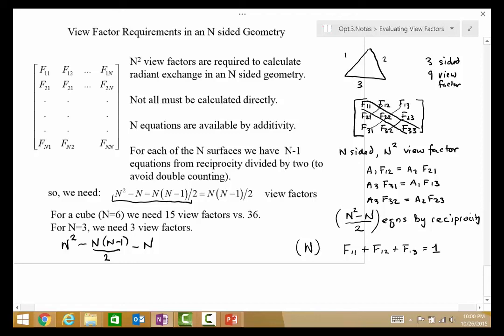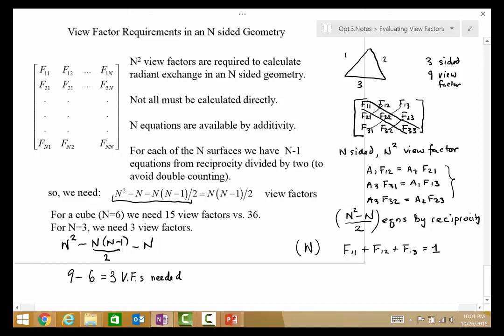So for the three-sided enclosure, we have 3 reciprocity and 3 additivity equations, so 9 minus 6 equations, which means that we have 3 view factors that we need to know. 3 view factors needed.